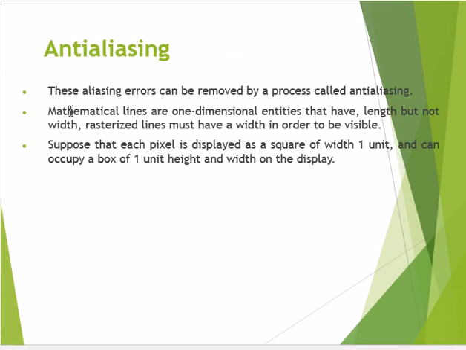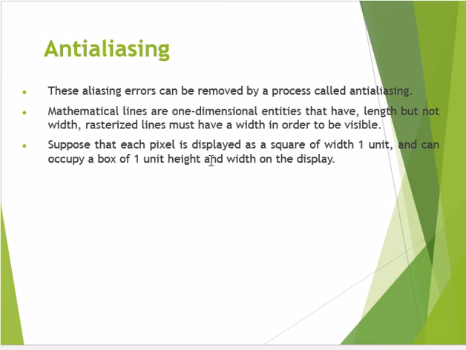To avoid these aliasing errors, we use the method of anti-aliasing. Mathematical lines are one-dimensional entities that have length but not width. Rasterized lines must have a width in order to be visible. So we have to give some width to the lines so that they could be visible properly to the viewer.